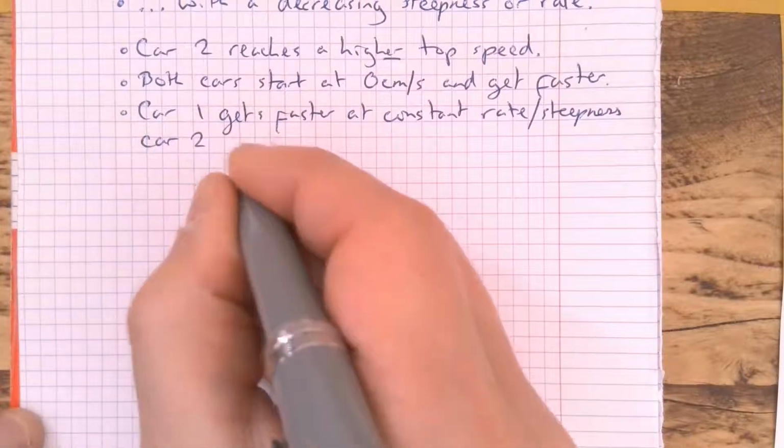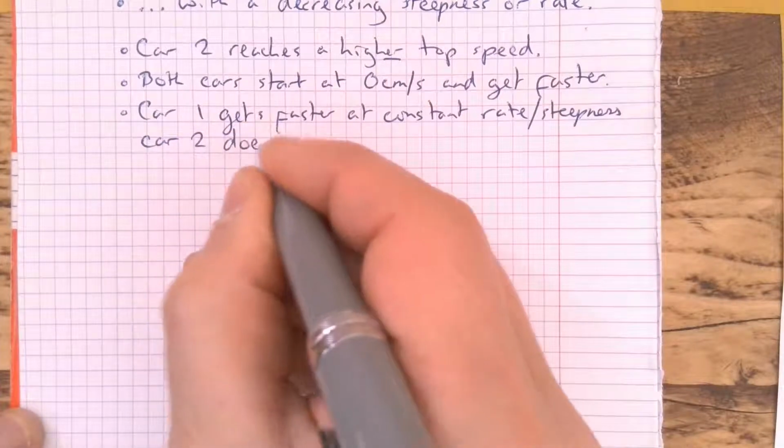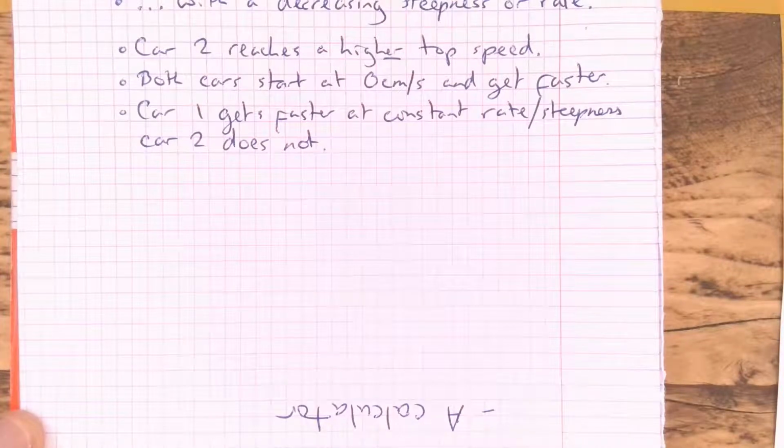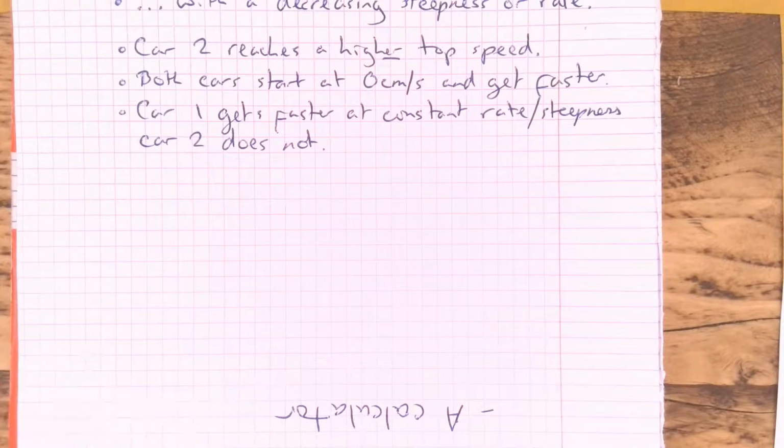Car 1 does not. That would be fine, because in my previous answer I said car 1 increases at a decreasing rate. Okay, let's look at the next question. Could you cub question 2, please, and use circuit?